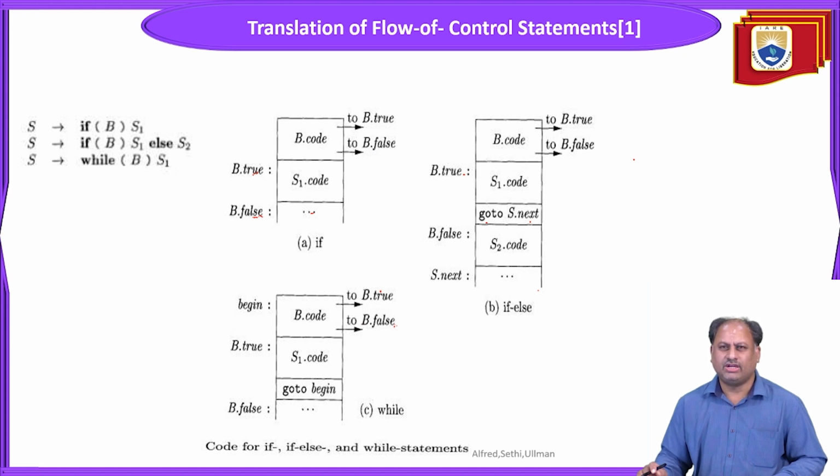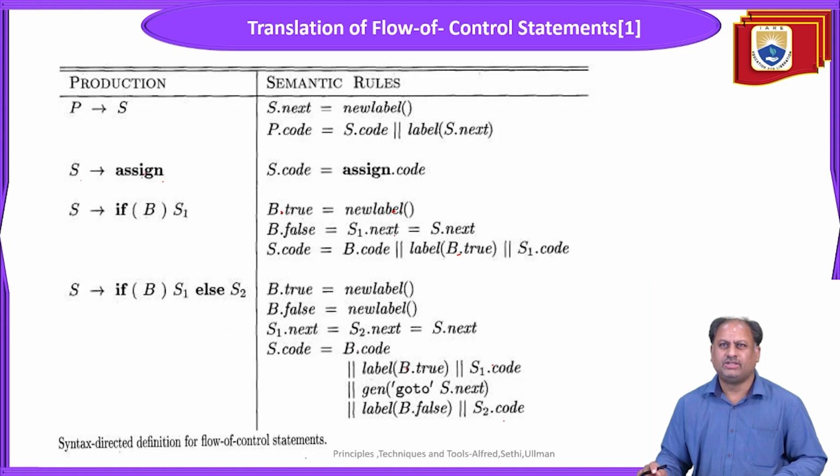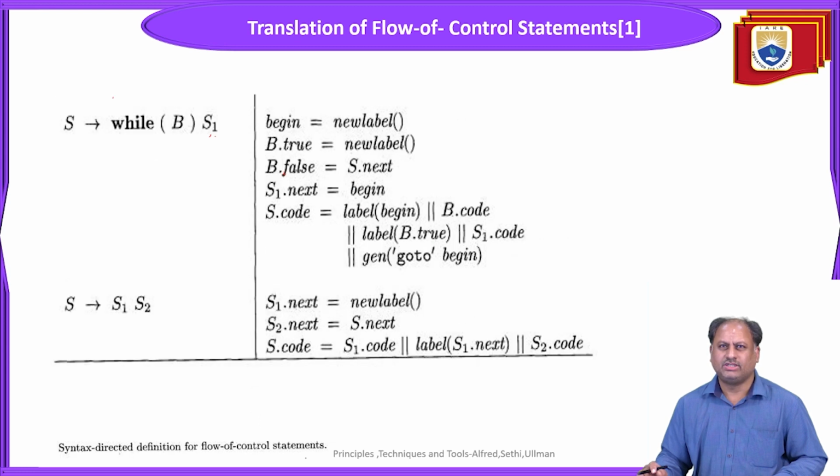If the condition is false, it leads to the go to statement for the corresponding label B.false, the remaining statements are executed, and it skips the true conditions and goes to the remaining statements of that block. Similarly, for flow of control we followed the previous stepwise manner, showing the sequence of how code is generated for each production, like if else and while.